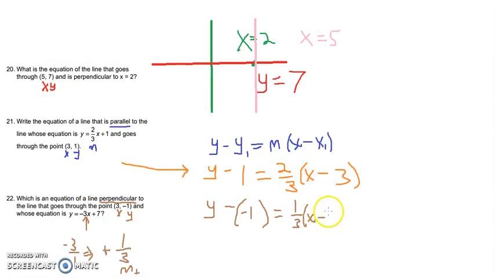There it is. Very similar to the other one. So the last thing to do in here, negative and negative make a positive, so you have as your answer y plus 1 equals 1/3 times x minus 3. I don't have my drawing pad here, so I couldn't do this as nicely, but you get the idea. So number 22, here's the answer.